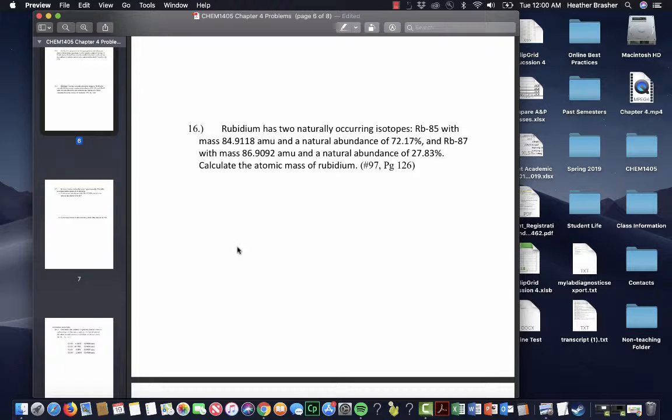So basically, when you calculate the atomic mass of an element, it involves taking a weighted average in which you multiply the percent natural abundance by the atomic mass for each isotope, and then adding these products together.